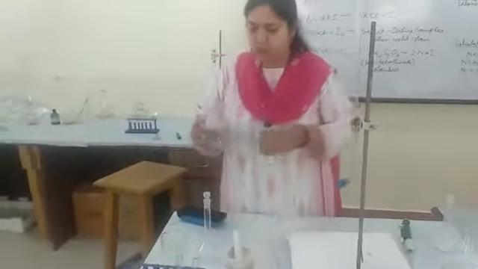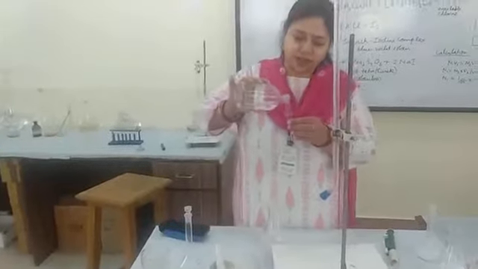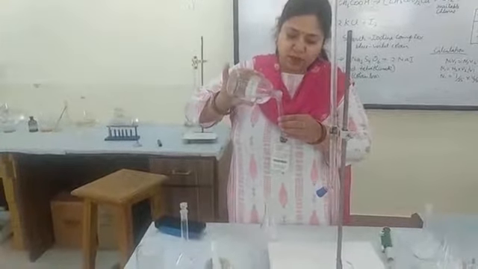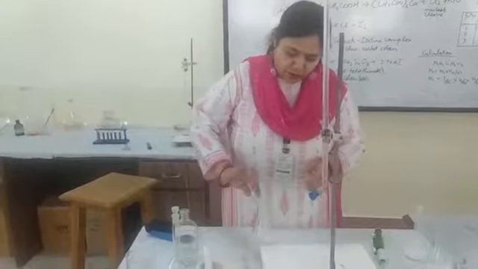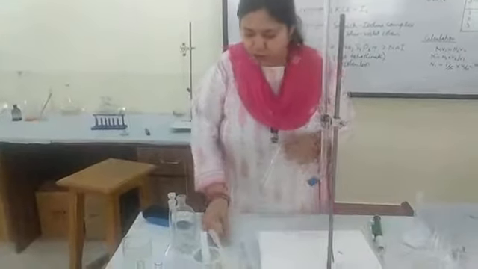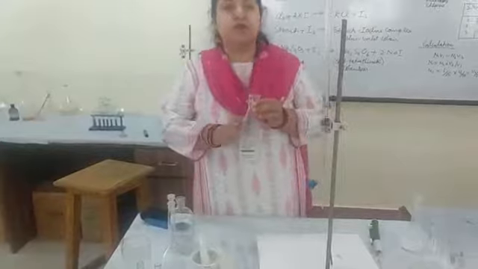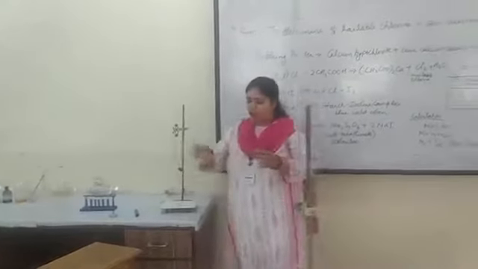After that, we will add half a test tube of dilute acetic acid into the bleaching powder solution. After adding the acetic acid, the chlorine is liberated. Then we will add 2 ml of potassium iodide. After adding the potassium iodide, a yellow color appears.